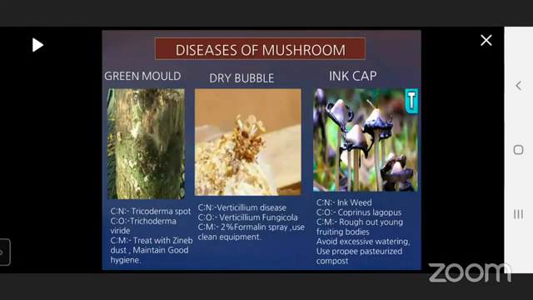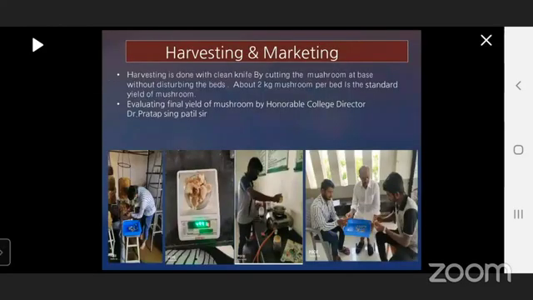So the cost of cultivation for the mushroom is near about 40 rupees per bed, and the return is near about 1200 rupees.